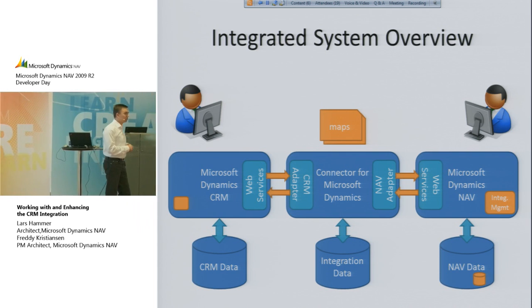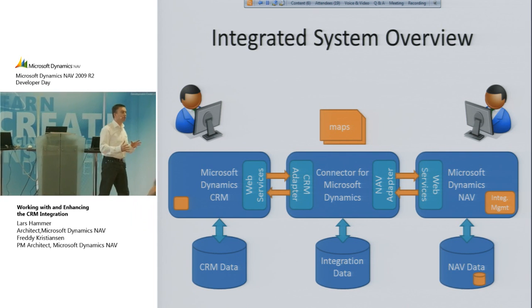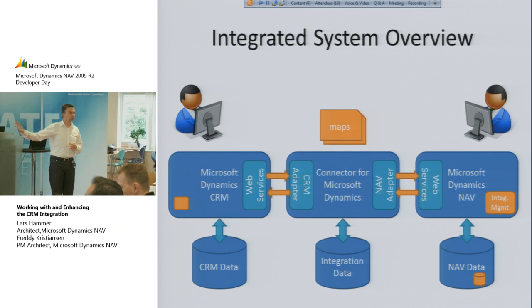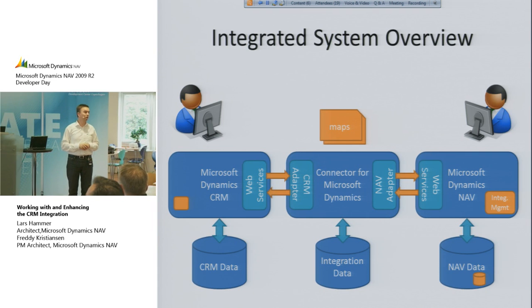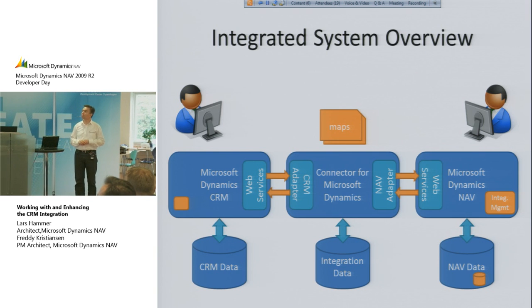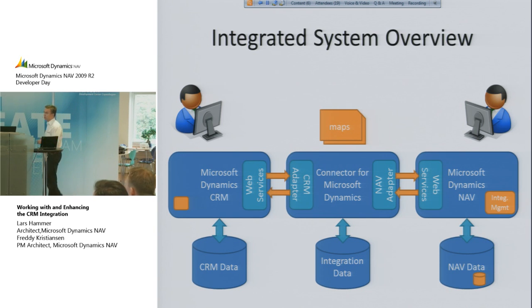The whole thing works so that you don't have to touch the object that you actually synchronize. It all takes part in this generic part of the application, a bit of a frameworkish piece that's implemented in AL code. Okay, so that's the overview of the system. Not too surprising: 2 systems and the connector in the middle.